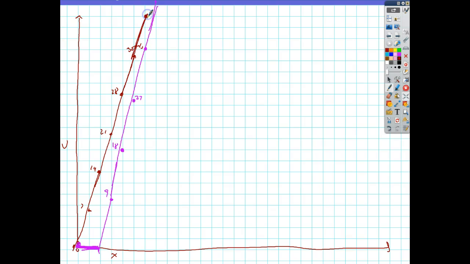Darn it. Okay. So far, so good? Yes. All right. Anybody disagree with that? Those are velocity time graphs, right?